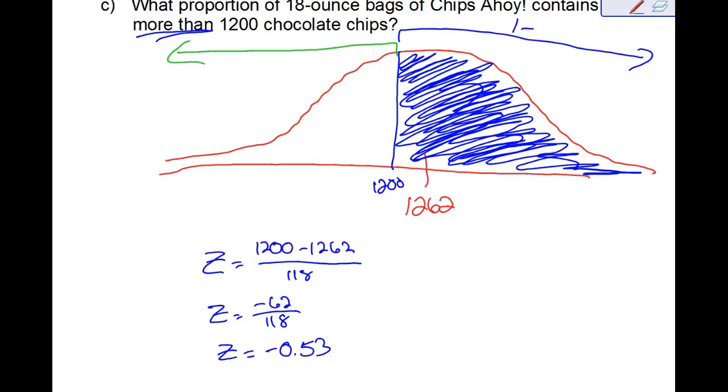So that means that this is 0.2981. So I need to subtract that. And 1 minus that is going to give me 0.7019. Remember, anytime you want more than, greater than, to the right of, you always have to do 1 minus.